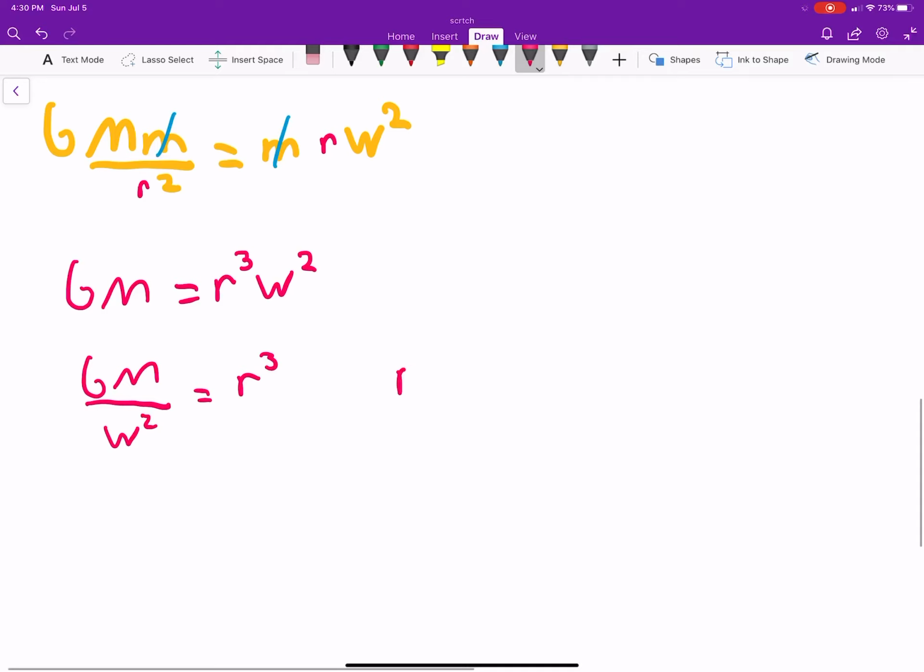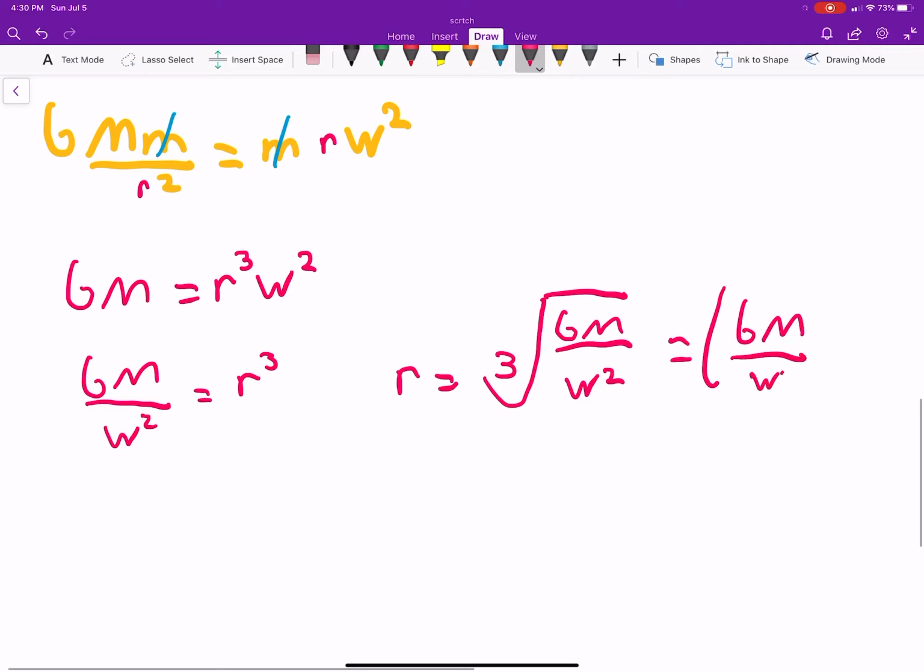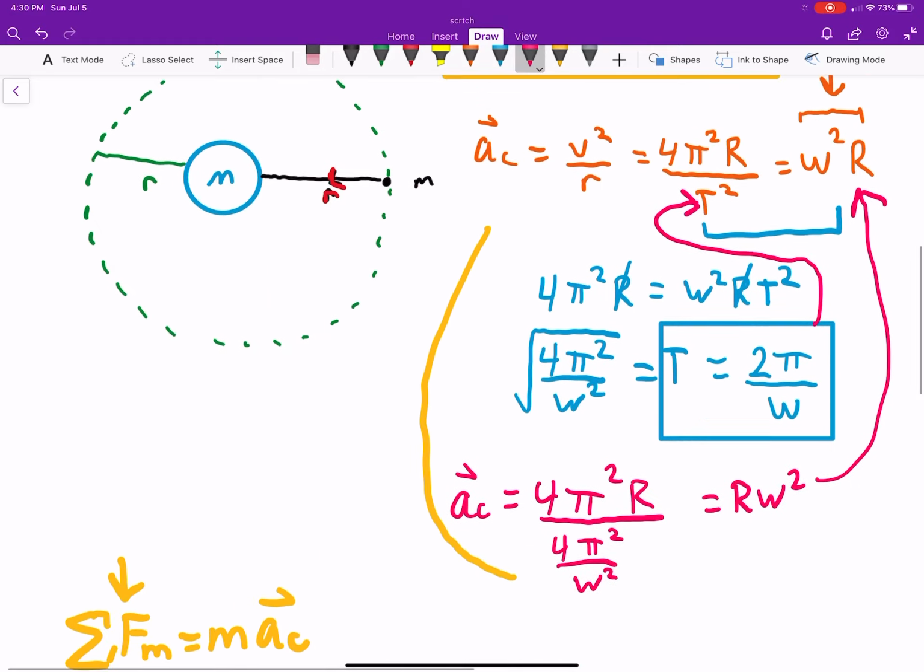By taking the cube root of both sides, you get r is equal to the cube root of G M over omega squared. Or if you prefer, you could write it equivalently using exponents. They're both the same.